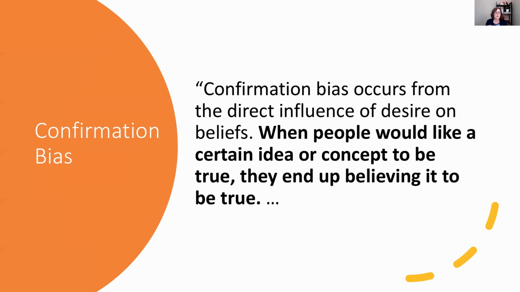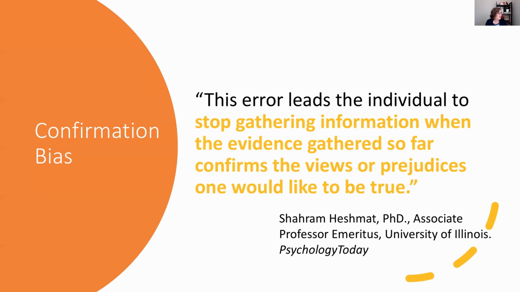When people would like a certain idea or concept to be true, they end up believing it to be true. And further, this error leads the individual to stop gathering information when the evidence gathered so far confirms the views or prejudices one would like to be true.